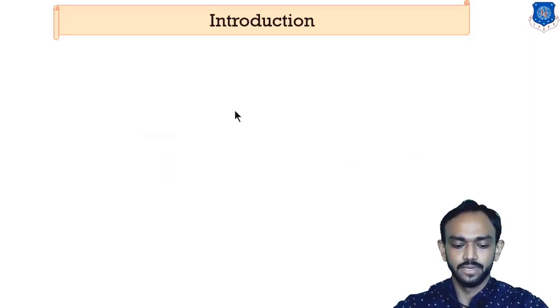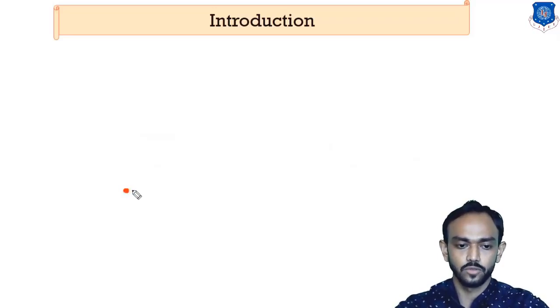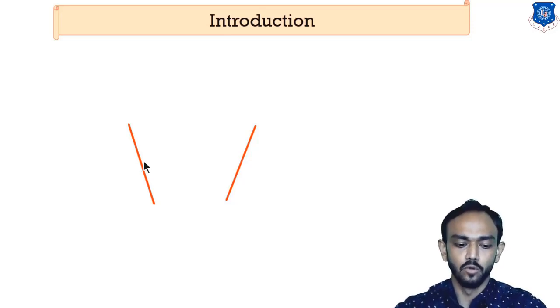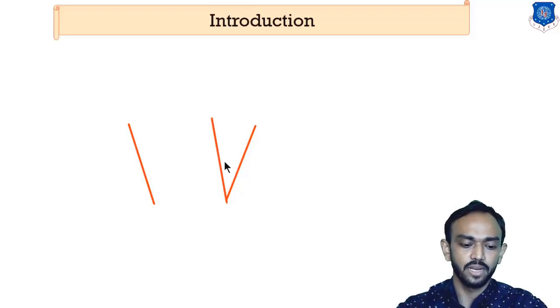But suppose a link is in this position and it moves, and in the second position it has changed like this. It can be a combination of both: the link first moves from this position to here, and after that it is rotated in this direction and becomes here.